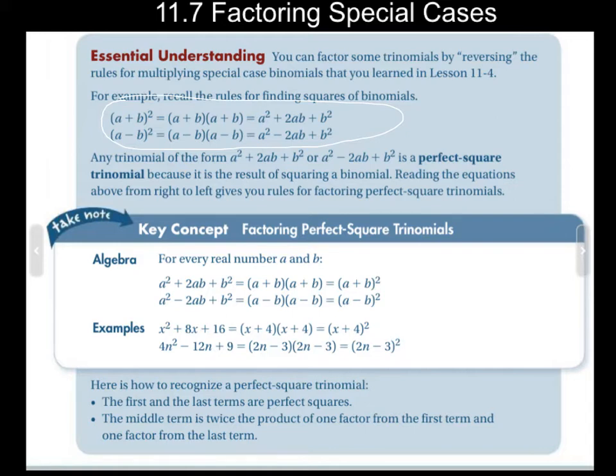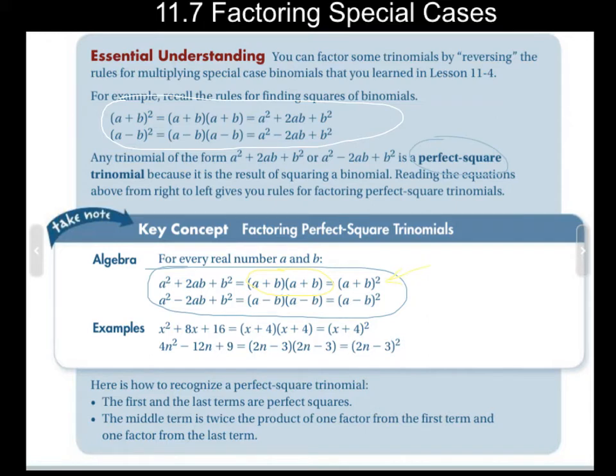So when we look at these perfect square trinomials that they're called, down here in the middle, when I factor those, notice that both factors end up being the same. So here in the middle I've got a plus b and a plus b. Whenever I have the same factor twice, we combine those and simplify by writing it as a squared.